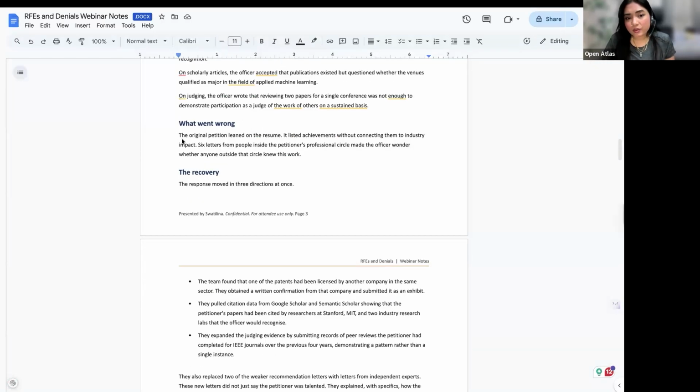So what went wrong? The original petition leaned on the resume. It listed achievements without connecting them to industry impact. Six letters from people inside the petitioner's professional circle made the officer wonder whether anyone outside the circle knew the work. So when you are arguing your final merit determination, try to bring out independent expert letters, from somebody who is not in your company but who knows your work and has heard about it.